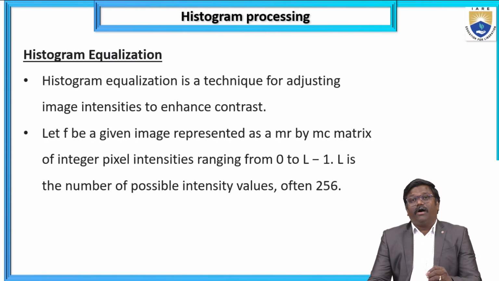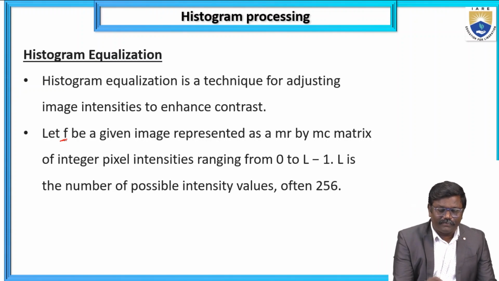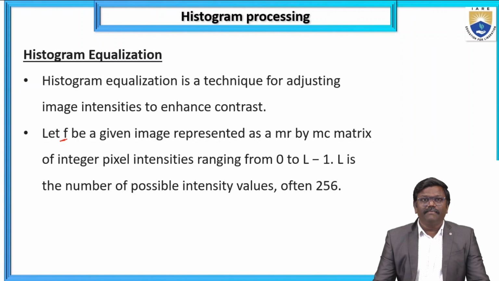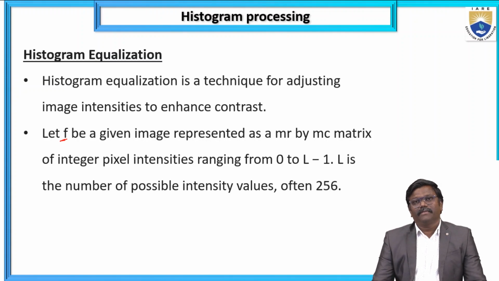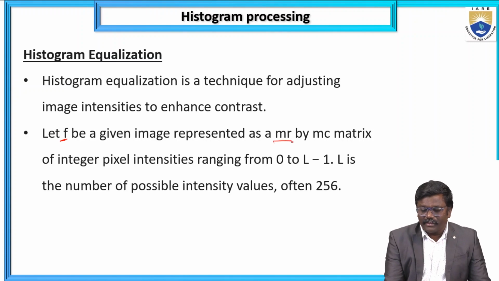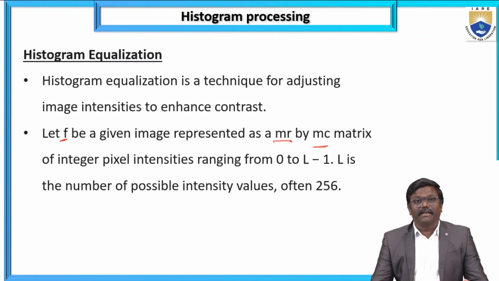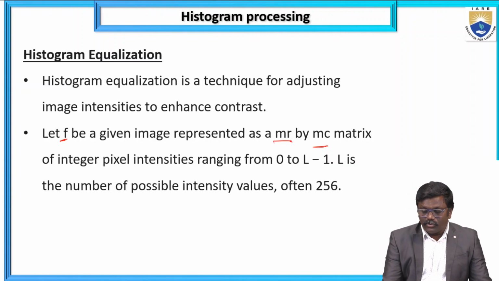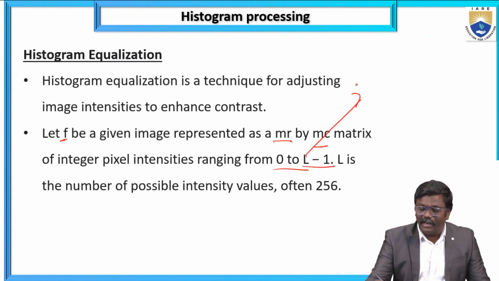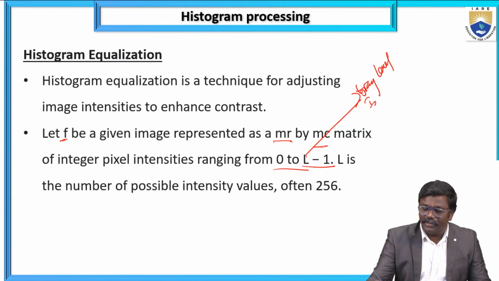Which we consider under the considered image, the object function defined in terms of f. So simply we say: let f be a given image, represented as a matrix of integer pixel intensities ranging from 0 to L minus 1, where L is your gray level. What is L? Your gray level image range.